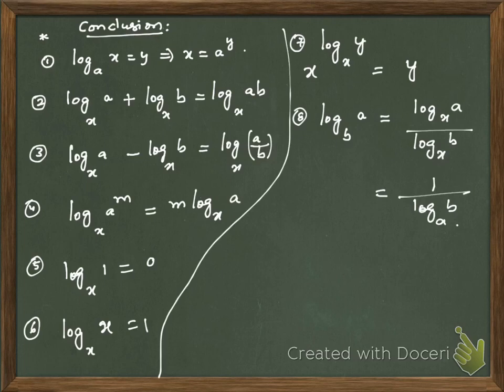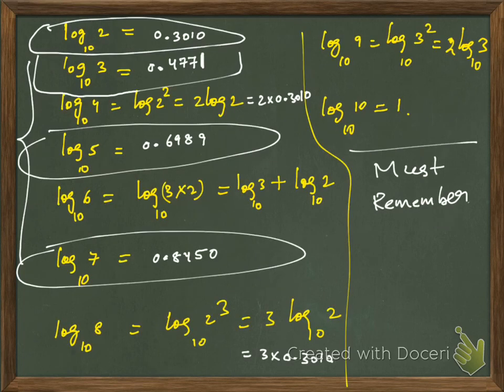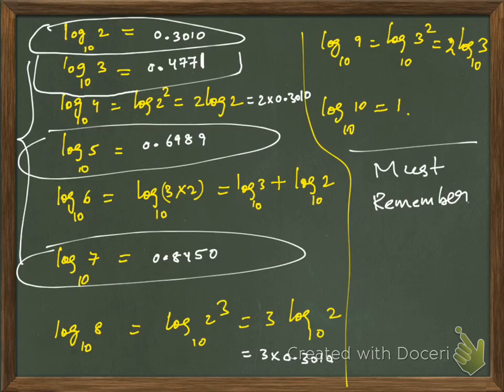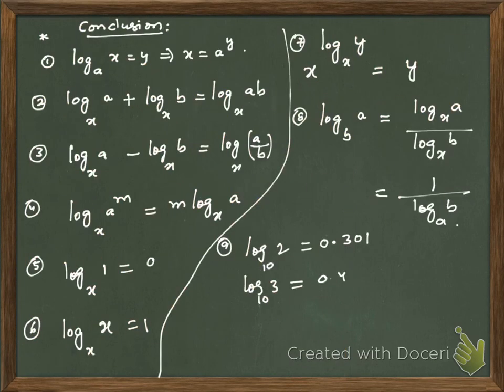Next, you are supposed to remember log 2 value is 0.301, log 3 value is 0.4771. If nothing is given, base is 10 of course by default. And log 4 you can write from 2 log 2, because log 4 is log of 2 square.